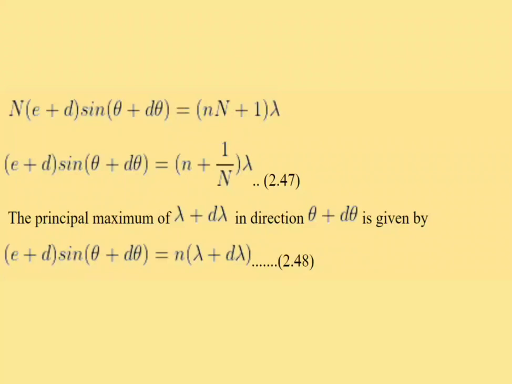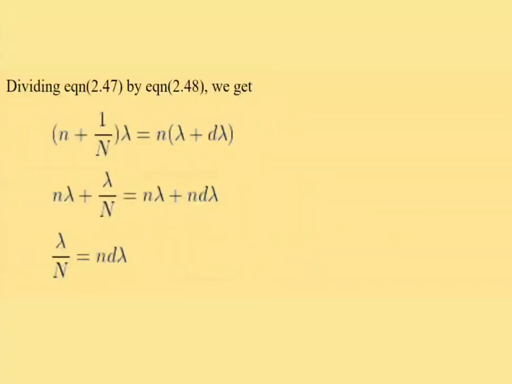So the principal maxima condition is e plus d sin of theta plus d theta equals n into lambda plus d lambda. These are equations 2.47 and 2.48.